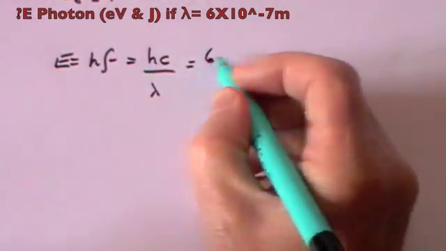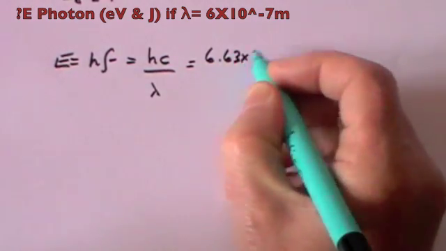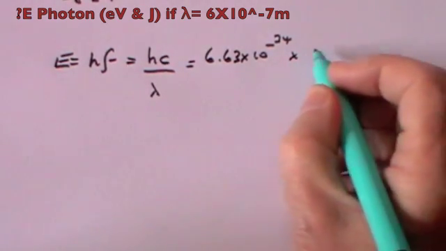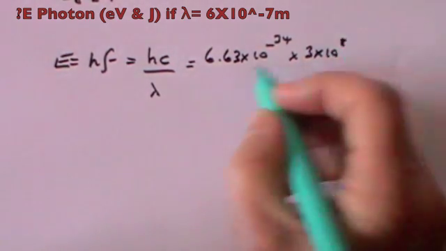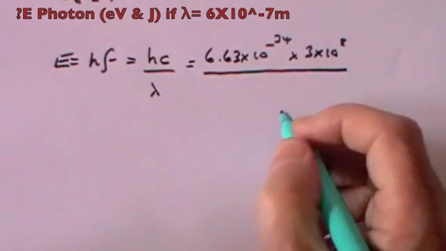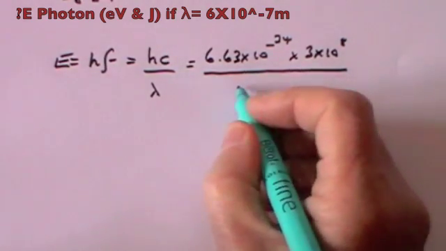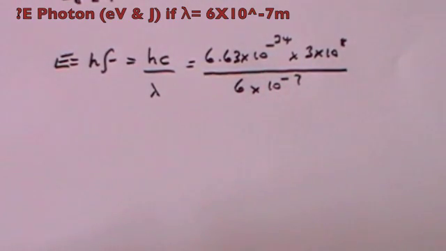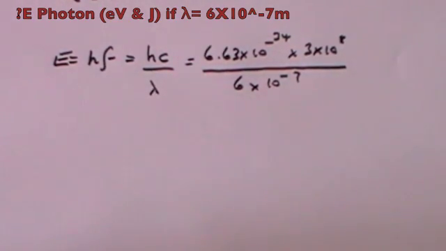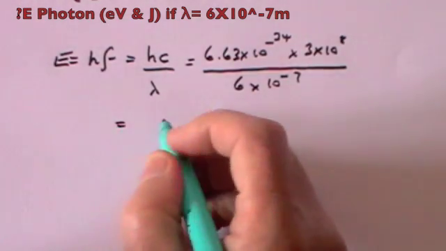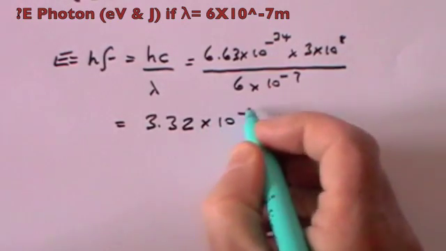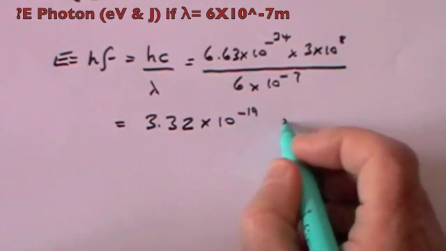Planck's constant h is 6.63 times 10 to the minus 34, times the speed of light, which is 3 times 10 to the 8th, divided by the wavelength of the light which we were given, 6 times 10 to the minus 7. That of course is in SI units, so it's in joules, and that comes out to be an energy of 3.32 times 10 to the minus 19 joules.